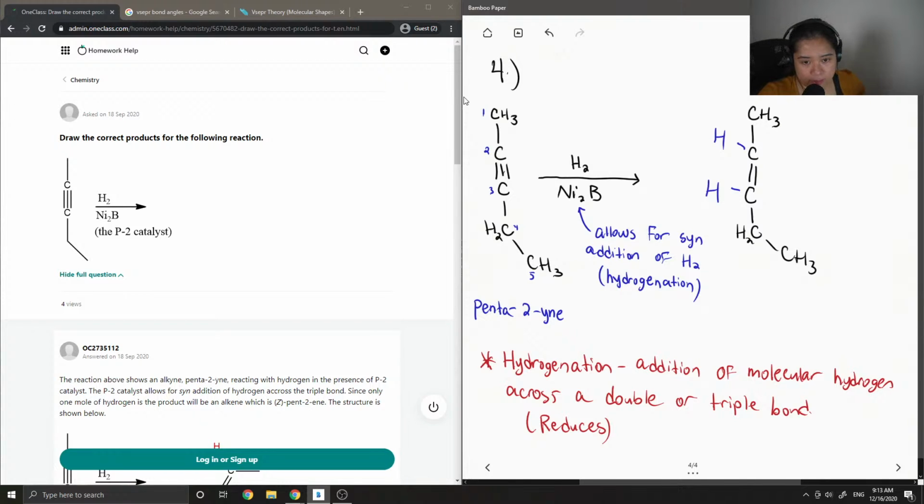So now, if we wanted to name this structure to show that the hydrogens are on the same side, we would put a Z in brackets, and then the name of the structure, which is pent-2-ene.